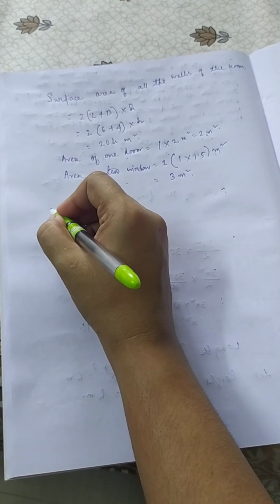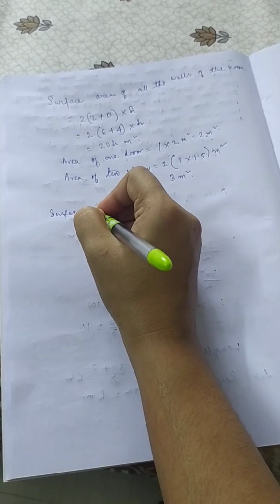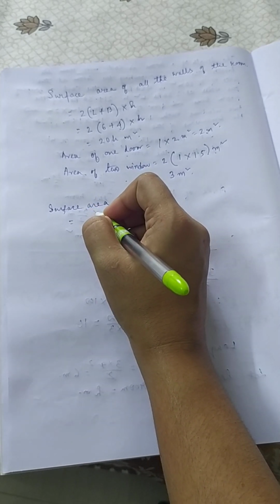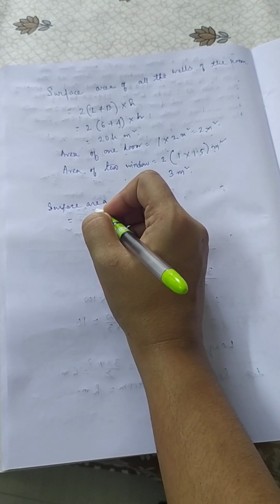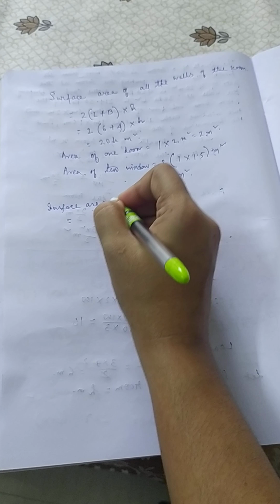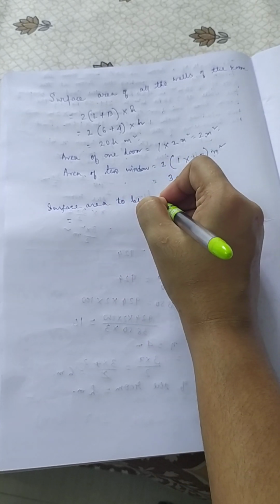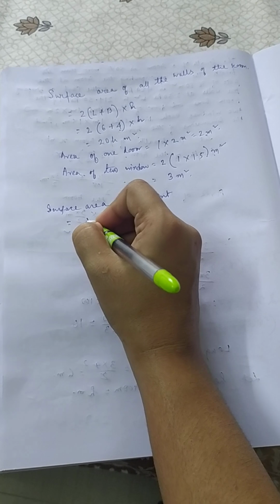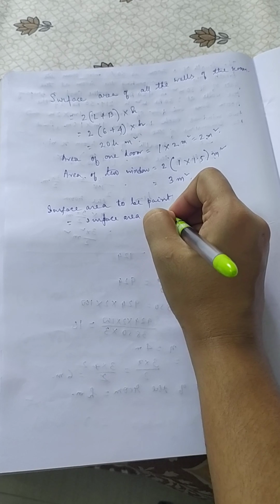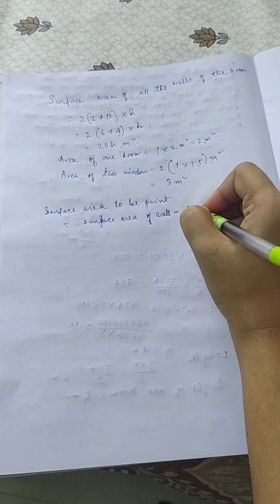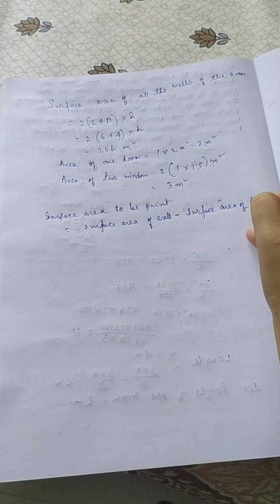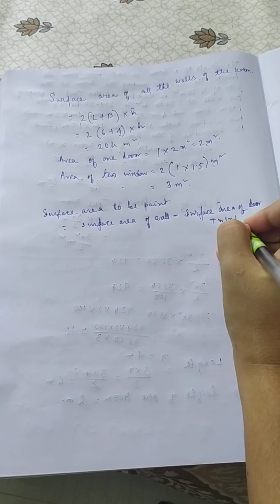So the surface area to be painted is equal to surface area of wall minus surface area of door plus window, right?